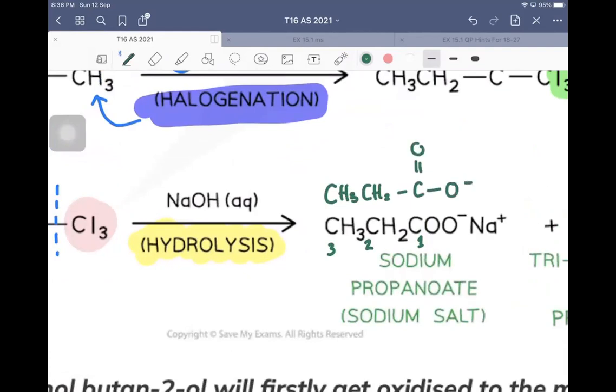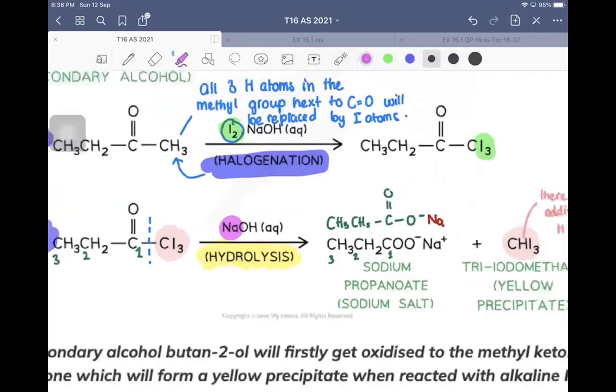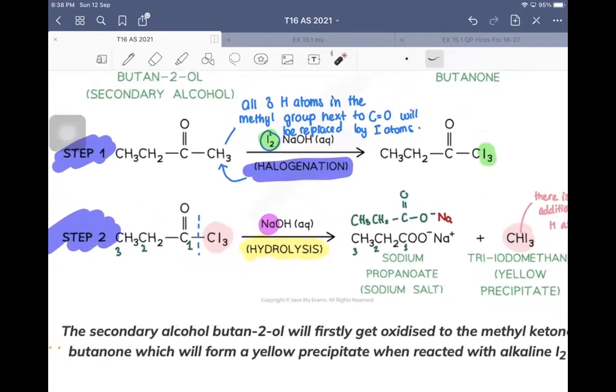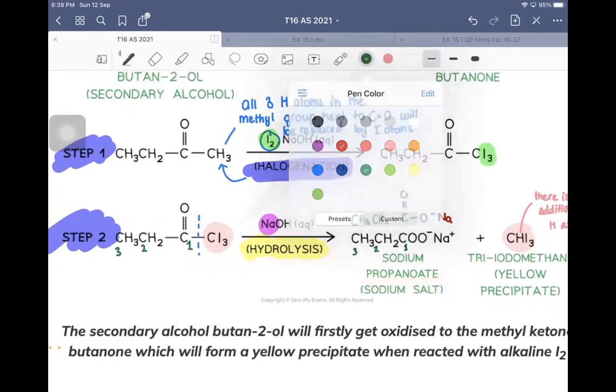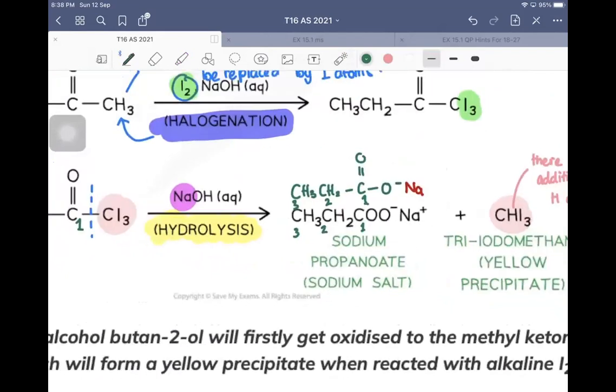Okay, that sodium came from the sodium hydroxide here. Okay, so this salt is now called 1, 2, 3. It's got 3 carbon. We call it a propanoate. Okay, so 3 carbon, carbon 1, 2, and 3. We call it a propanoate salt.